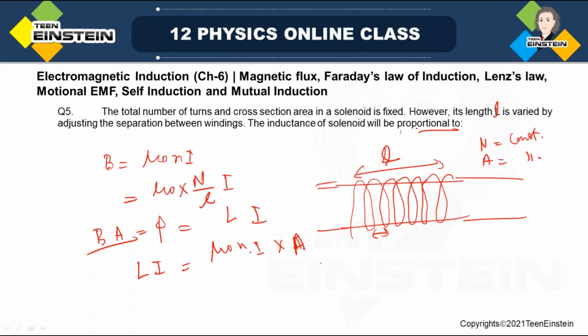And what is this small n? This small n is actually capital N by L, into I into A.